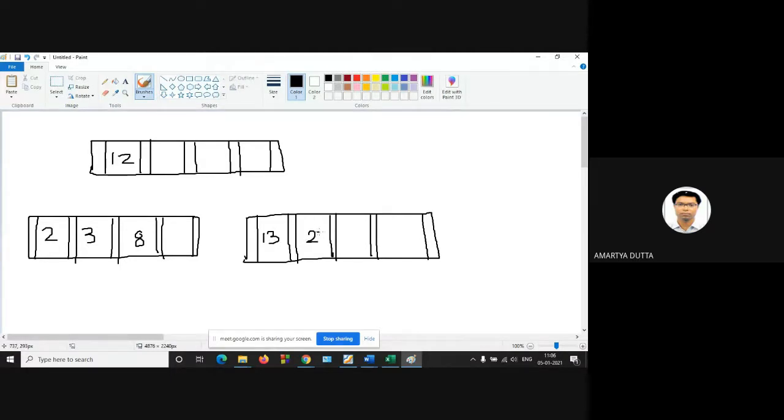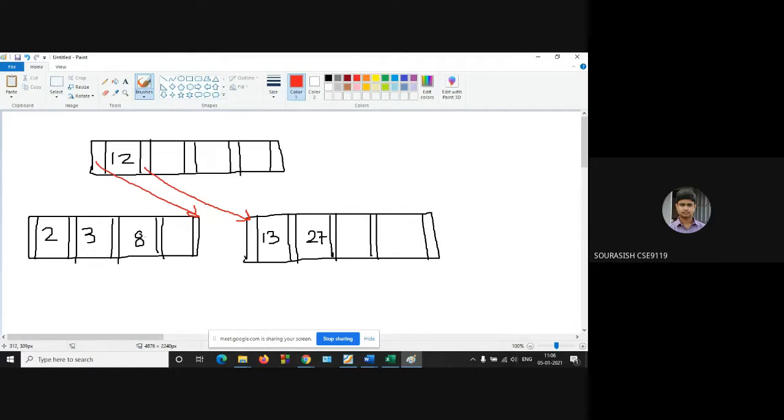Now we have to draw the links from 12. So write down the proper links. This is the actual link. Is it clear to you?